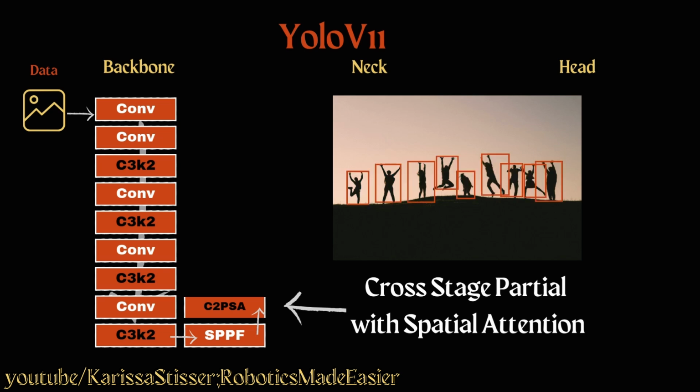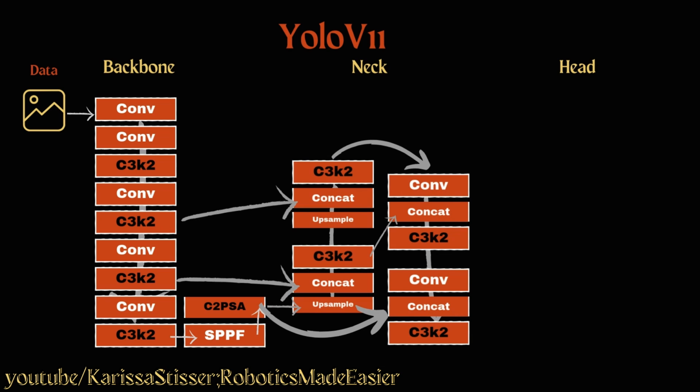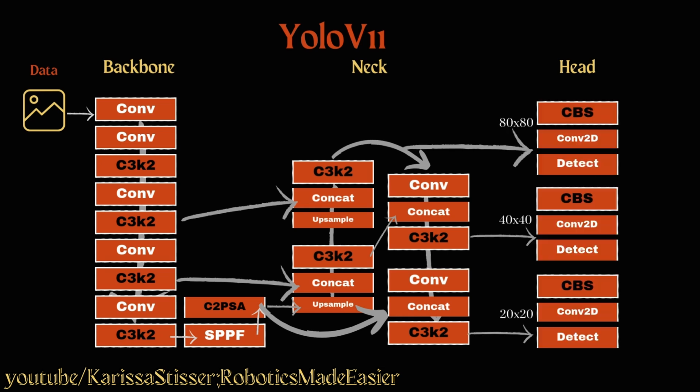The C3K2 block is also used in the neck, which helps aggregate the features using upsampling and concatenation of different feature maps at different resolution levels to pass on to the head. In the head, there are several CBS or convolutional batch norm SiLU blocks, which help refine the data by extracting relevant features, stabilizing and normalizing the data flow through batch normalization, and using the SiLU activation function to support nonlinearity, improving model performance.